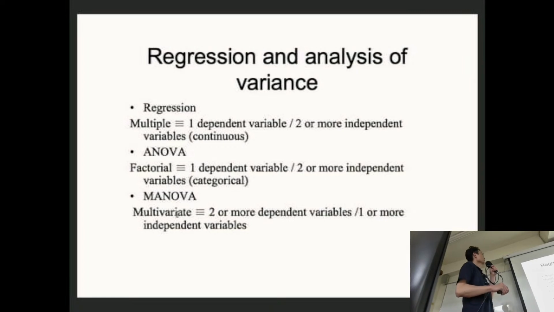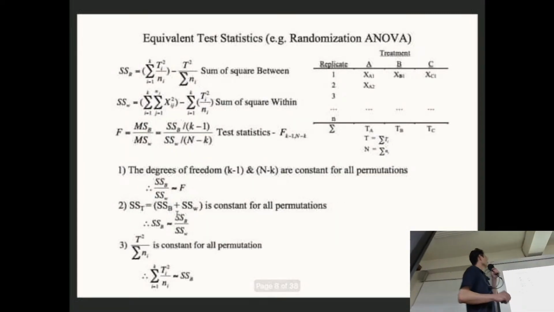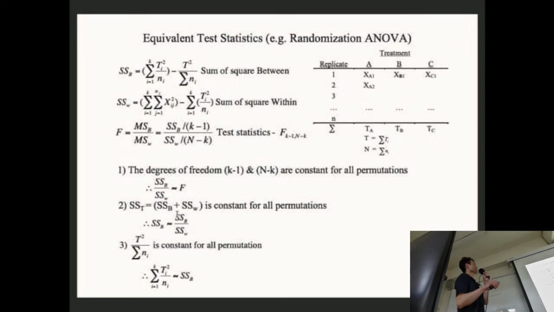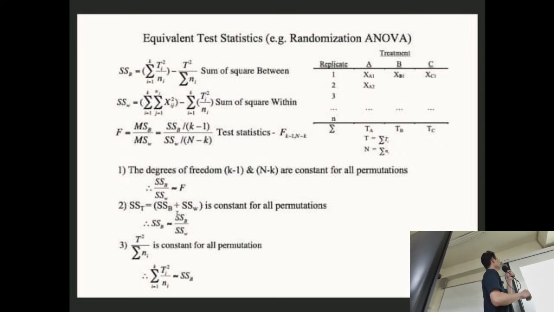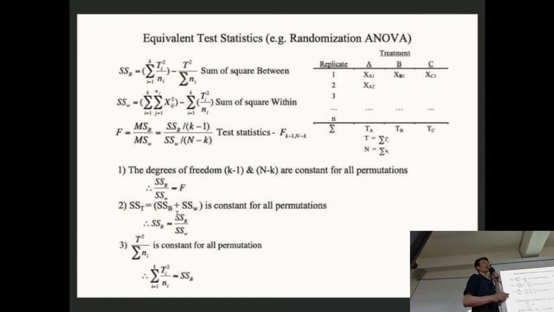So just a reminder, for regression and analysis of variance, we have multiple variables, one dependent variable, two or more independent variables, and we have ANOVA, MANOVA, and so on. Okay, so that's the formula for ANOVA, right? That's the formula for analysis of variance.